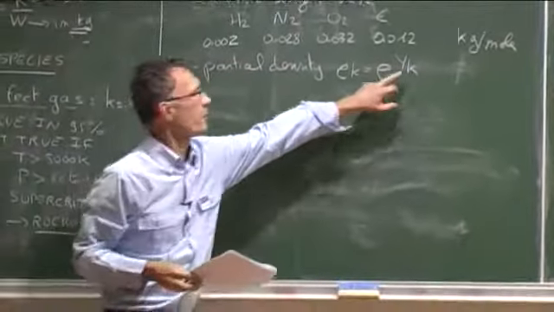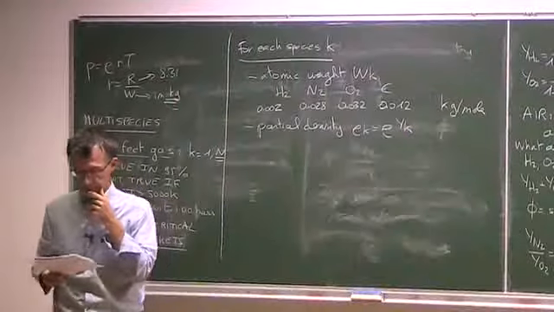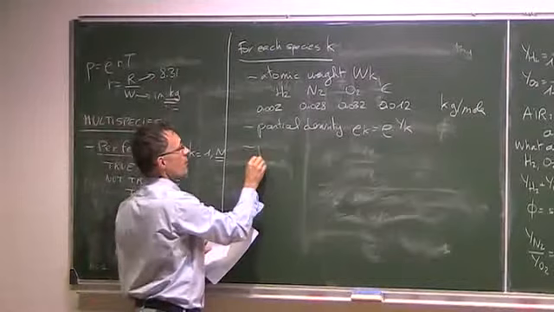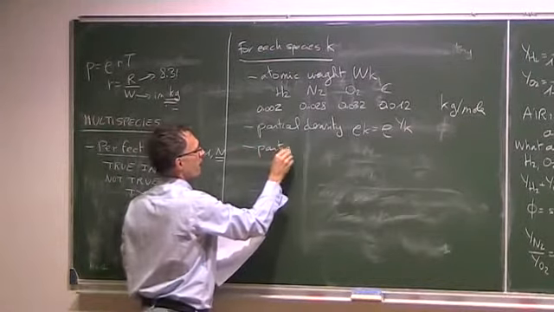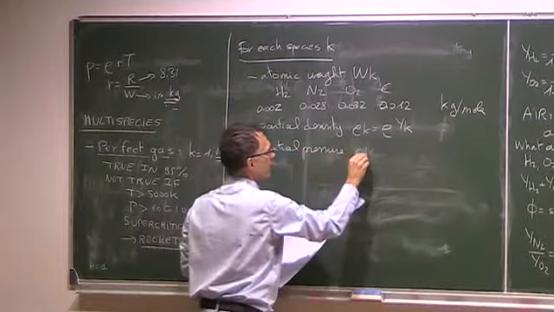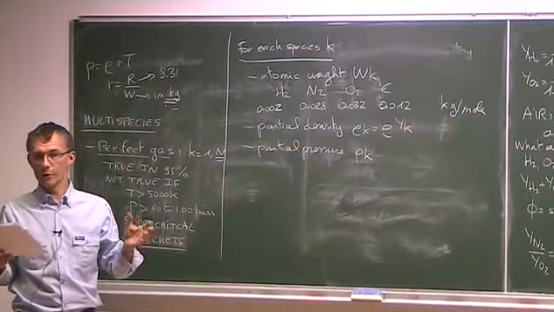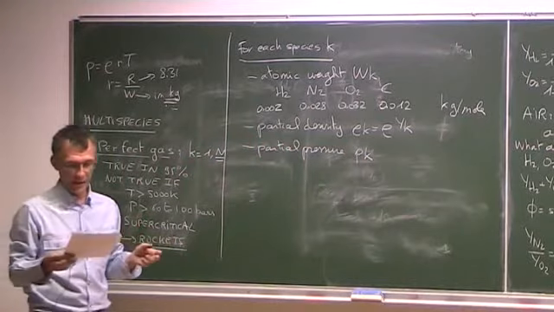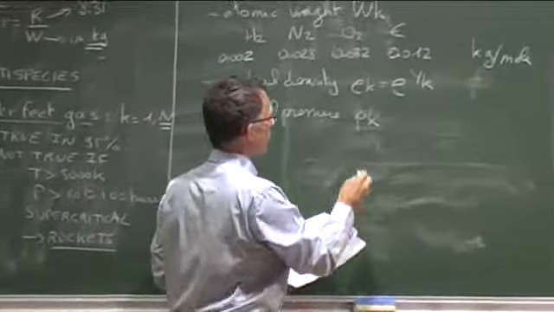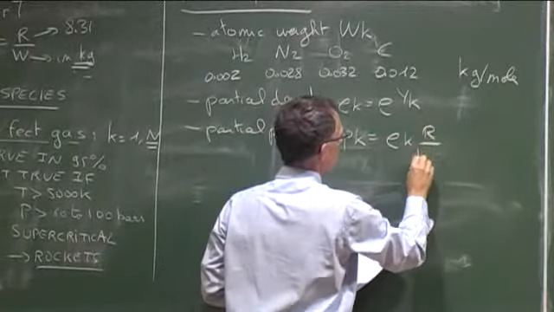This is the definition of the mass fraction: it's ρk divided by ρ. Each species will have also a partial pressure pk. And since we suppose that you have a mixture of perfect gases, pk will directly be linked to ρk by this state equation.